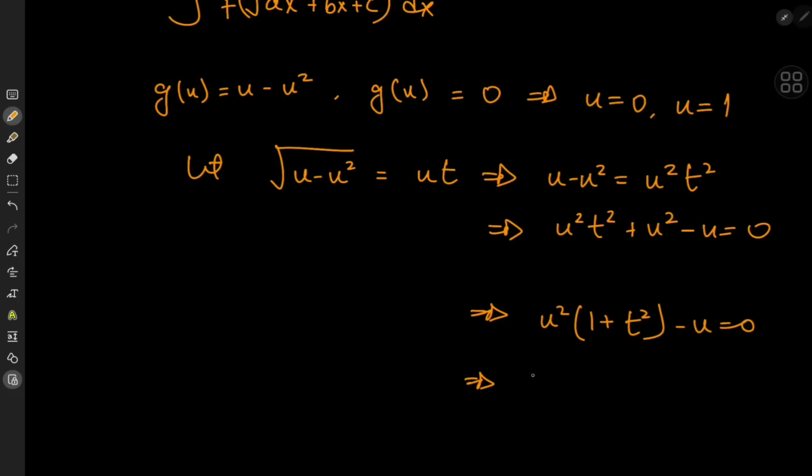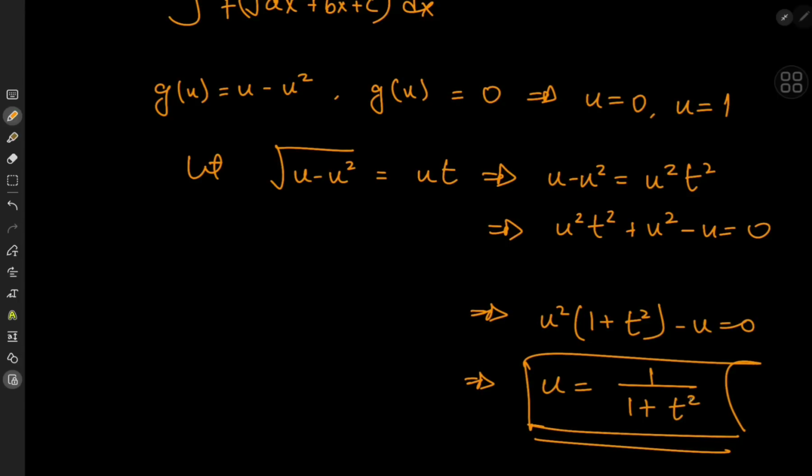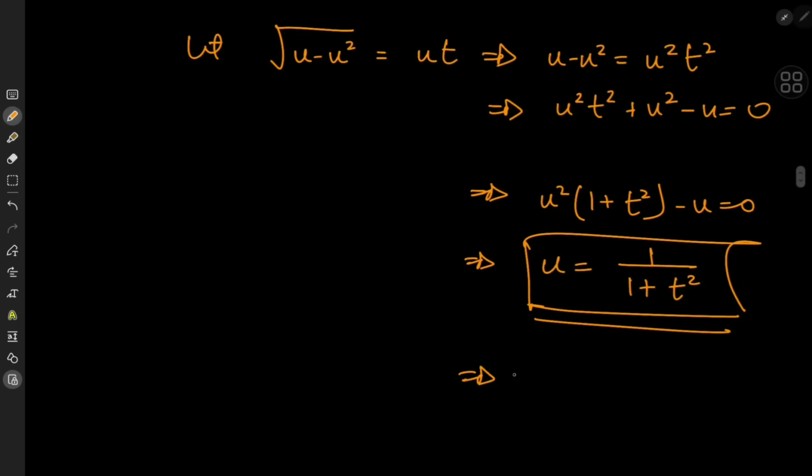One is u equal to 0, which is useless for us, but the root that is u equal to 1 by 1 plus t squared, that is in fact the substitution we're looking for. So differentiating gives us du equal to negative 2t dt divided by 1 plus t squared squared.